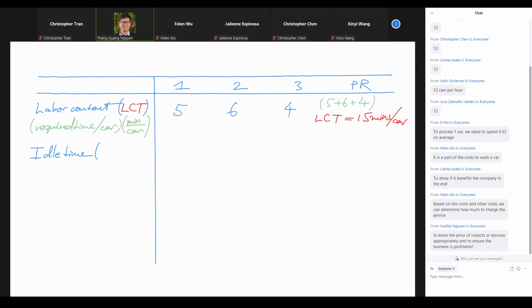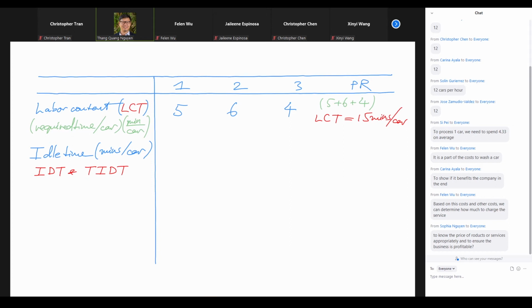So it is measured in how many minutes per car. So later on, we can calculate the individual idle time, or IDT. And then we can also calculate the total idle time, or TIDT, right?